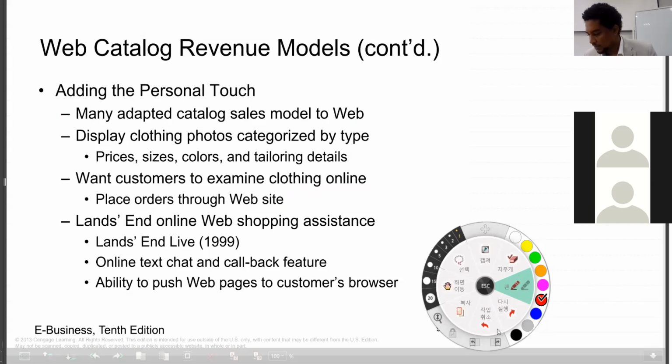That's what we have already talked about. In this slide, there are so many examples of businesses that run this kind of model. For example, Anvil is one type of company that uses a web shopping assistant, which is an implementation of the web catalog.